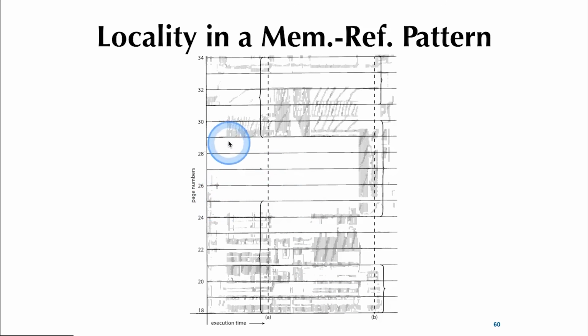So some pages never get touched for a long time until later. Then when the locality shifts over from page 24 to 29 or so, there are some parts free, and this part that used to be very active is now not active at all.